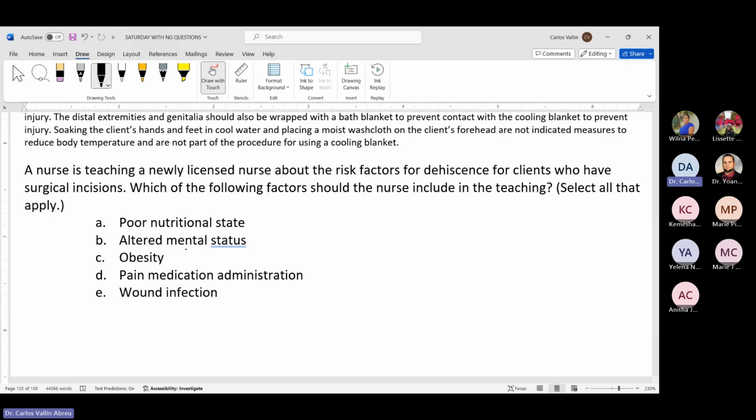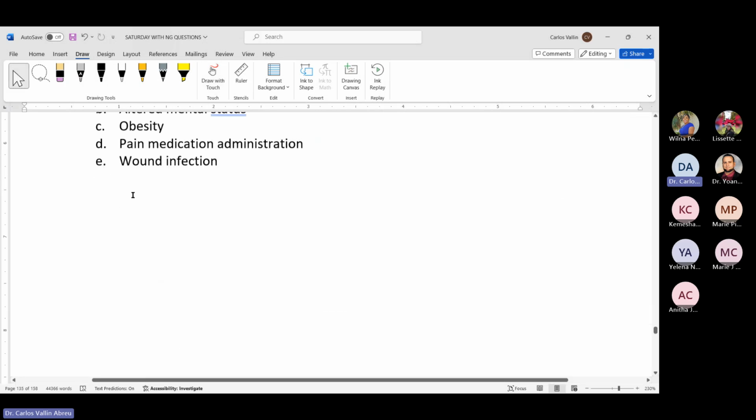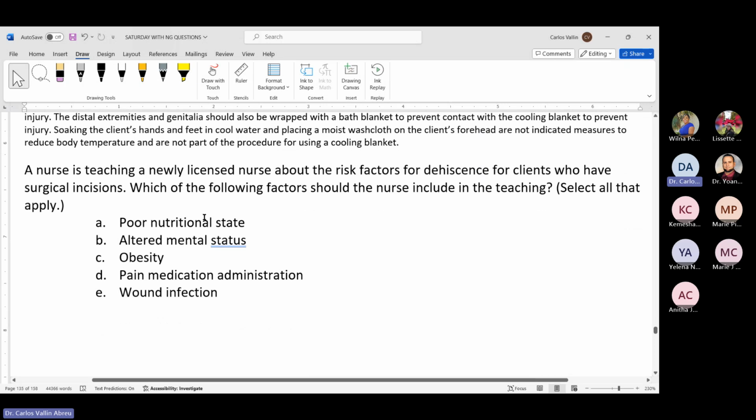That's why clients that have, for example, pressure ulcers in long-term care facilities require evaluation of the nutritional state with albumin or pre-albumin, and a hyperproteic diet is indicated.